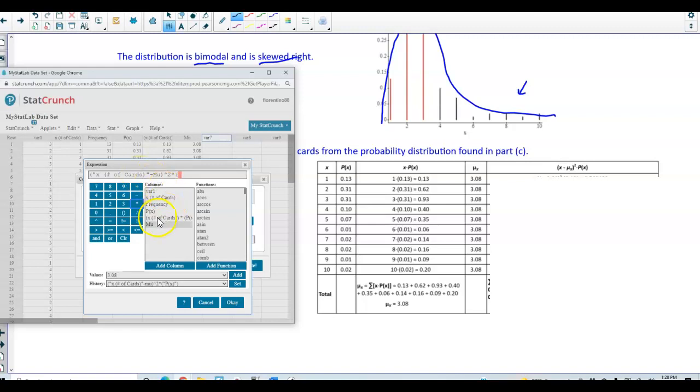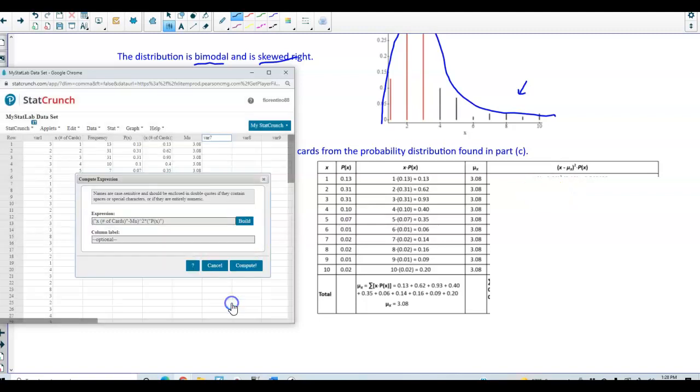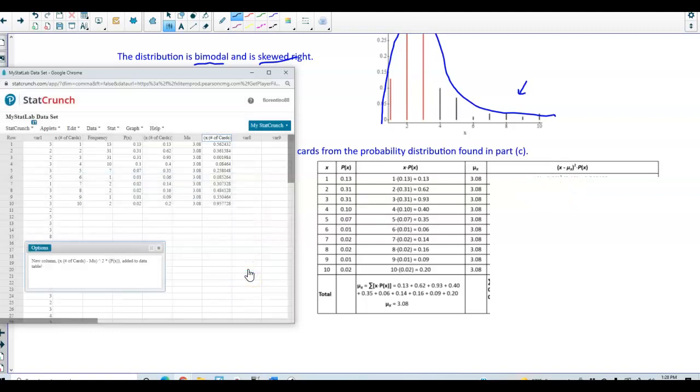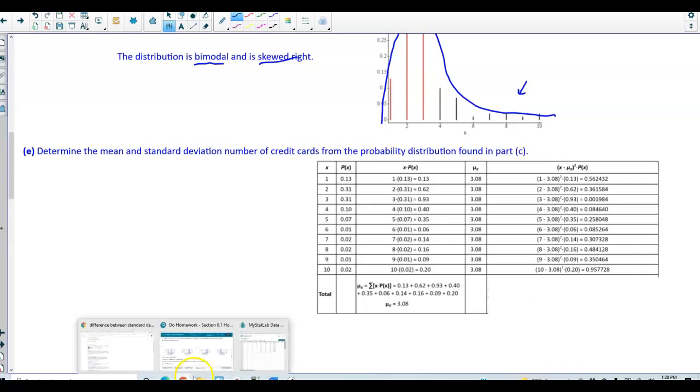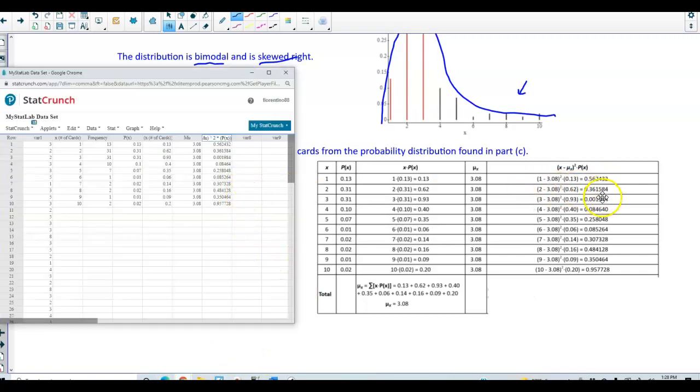So left parenthesis, there's the probability column, and then right parenthesis. And now it's going to compute this information in this column. So let's select OK, and then select compute. Okay, now I'm going to open up this part here so you can see if these numbers match. And so therefore, you can see that these numbers match what we get here.